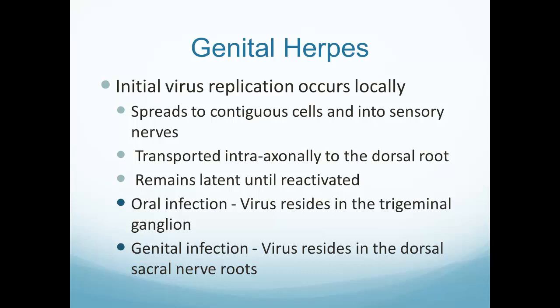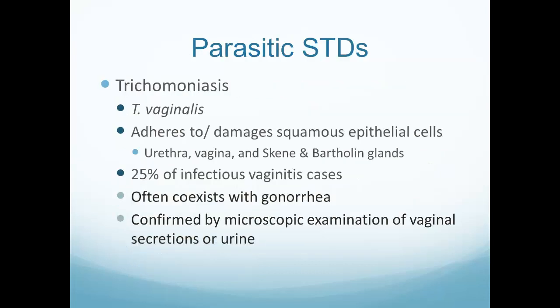Parasitic sexually transmitted diseases, probably the most common one that we talk about is Trichomonas. Trichomonas vaginalis is a parasite that can adhere to the epithelial cells in the urethra, the vagina, etc. And it can cause additional destruction, additional inflammation of the reproductive tract, often coexisting with gonorrhea.